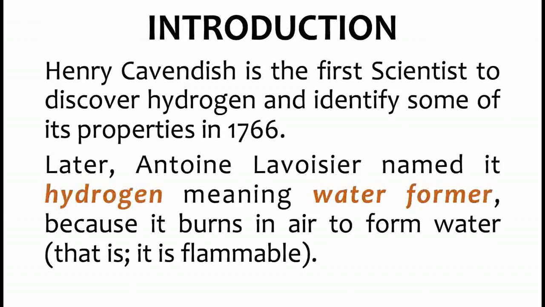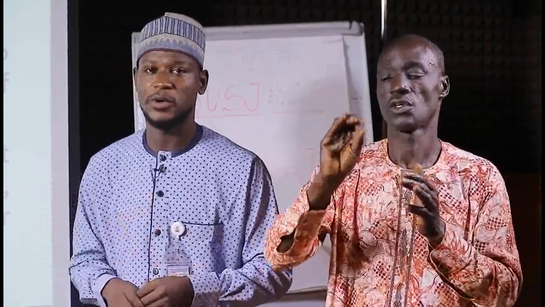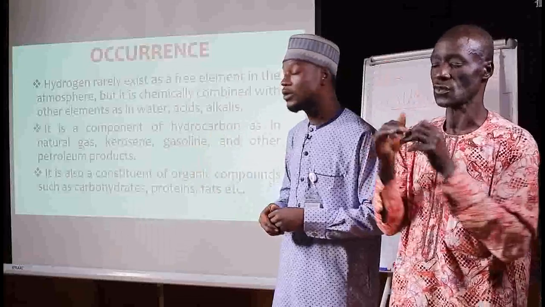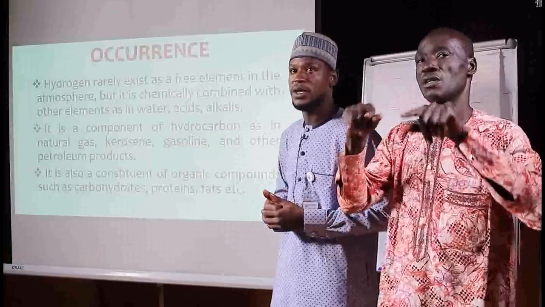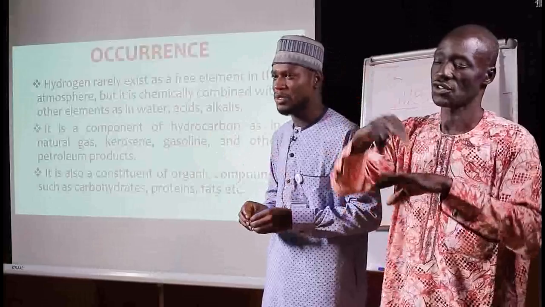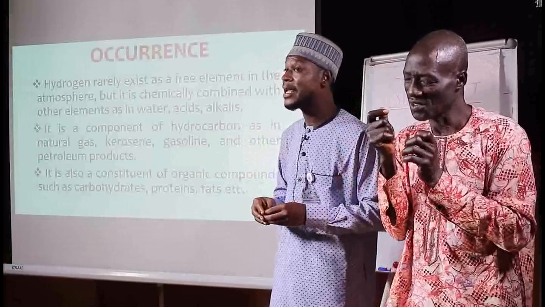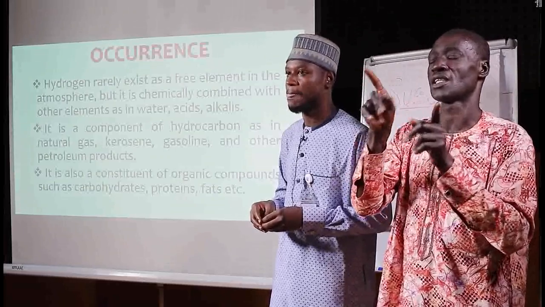And it is flammable. The meaning of flammable is the fact that it can react with oxygen, that it undergoes a combustion reaction. Having said that, we go to occurrence. How does hydrogen occur? Remember, hydrogen does not occur naturally as an atom, but even if it exists, very scantily, it exists as a diatomic molecule.